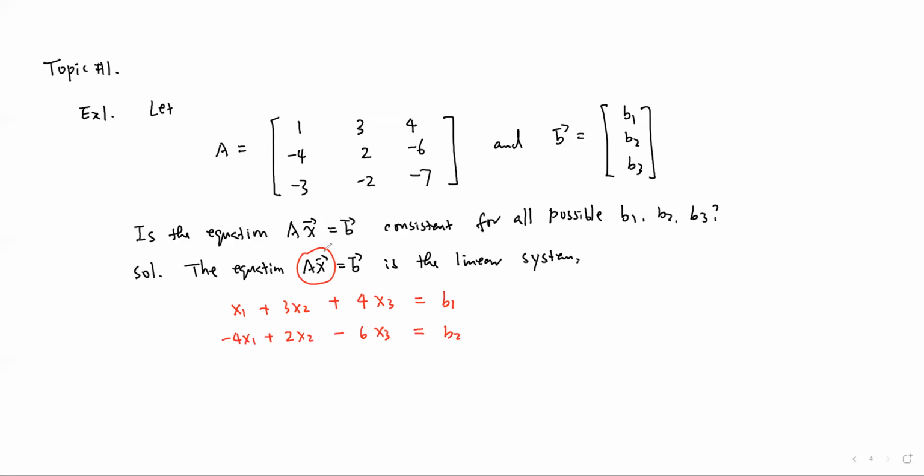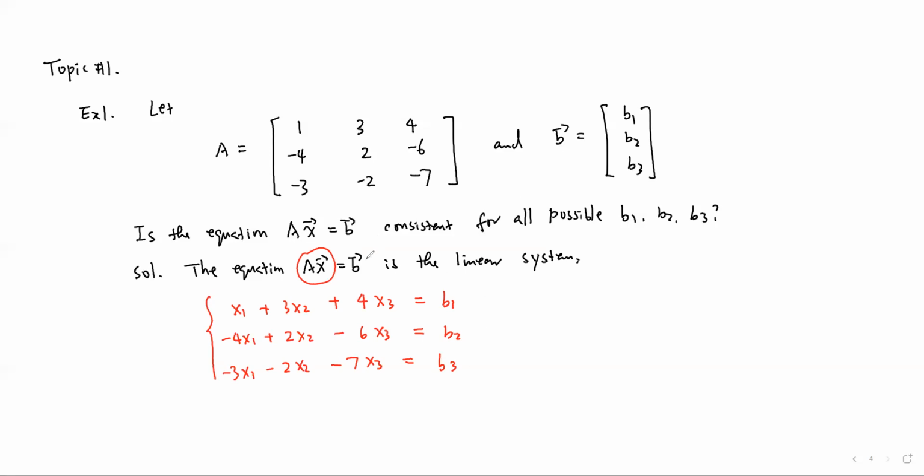Now the third entry of A times X is row 3 times the vector X, is equal to the third entry of the right side, B3. So, see, this matrix equation is this linear system.